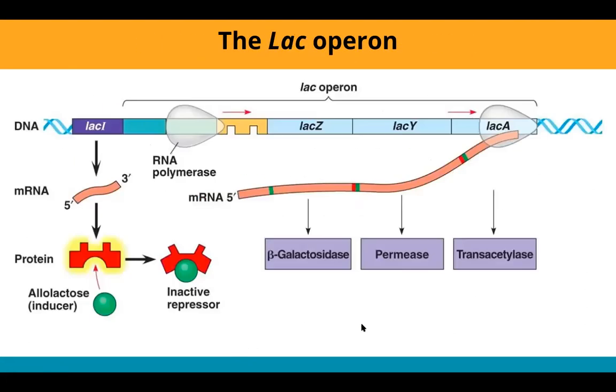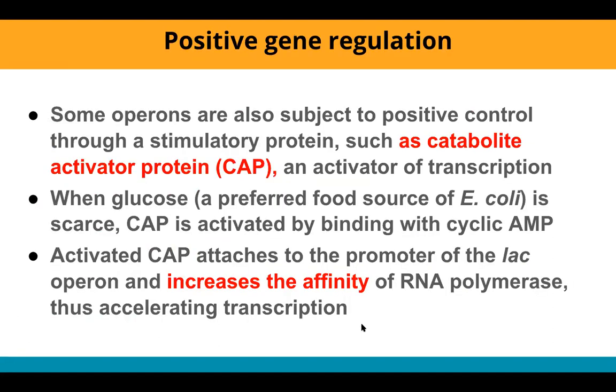So some operons are subject to positive control through stimulatory proteins such as the catabolite activator protein, or CAP, which is an activator of transcription. Now, when glucose, which is a preferred food source of E. coli, is scarce, CAP is activated by binding with cyclic AMP.